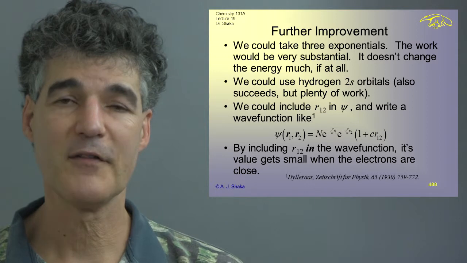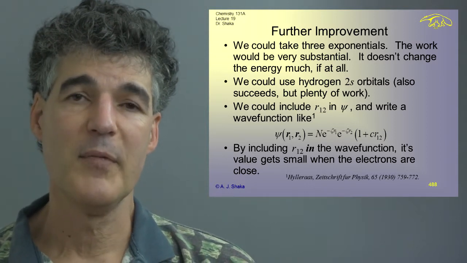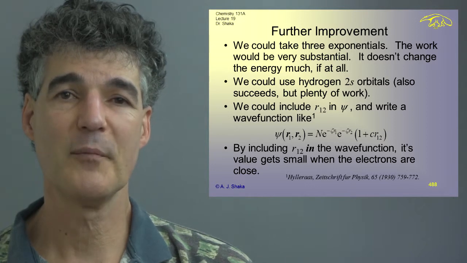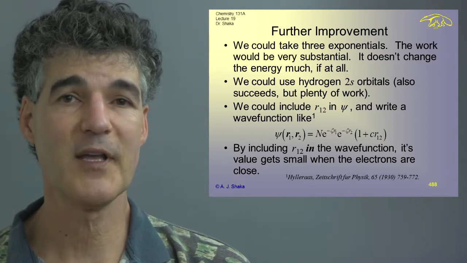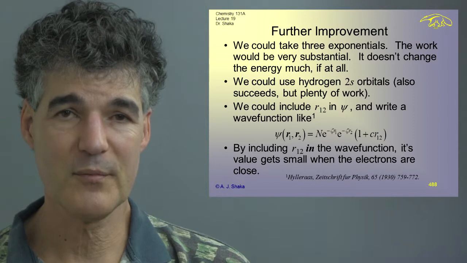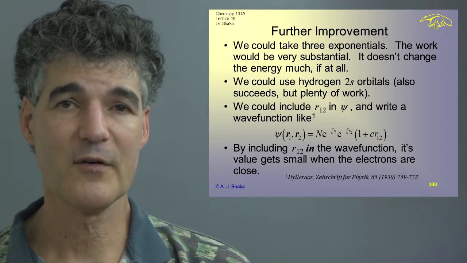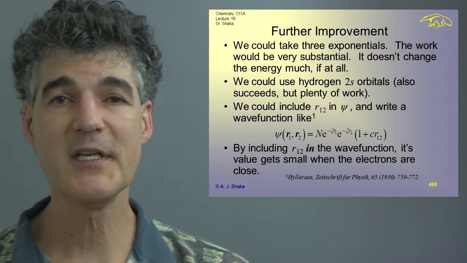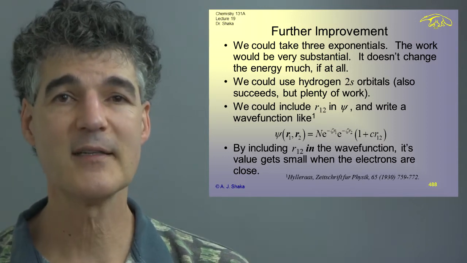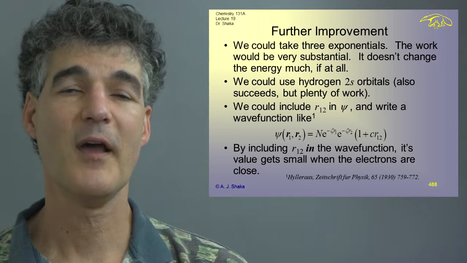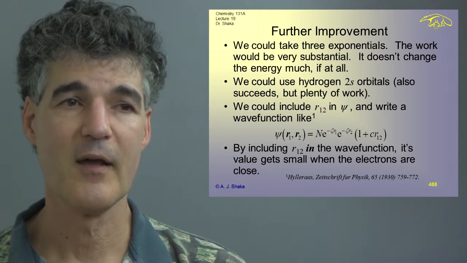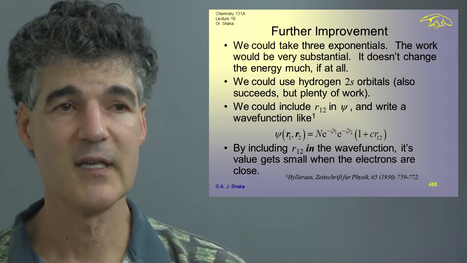Unfortunately the repulsion term then gets pretty messy, because for the 2s we have 2 minus r in the integral, and so we can end up integrating by parts 3 times rather than twice, and so that might not be so easy. That's plenty of work as well. But that could improve things.